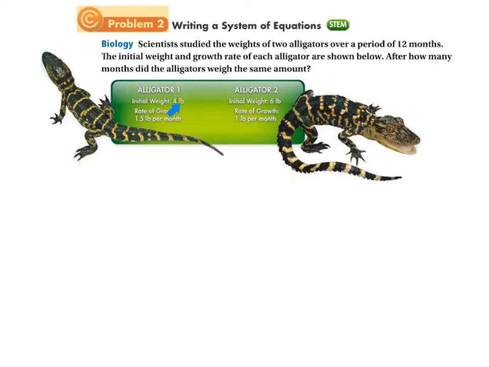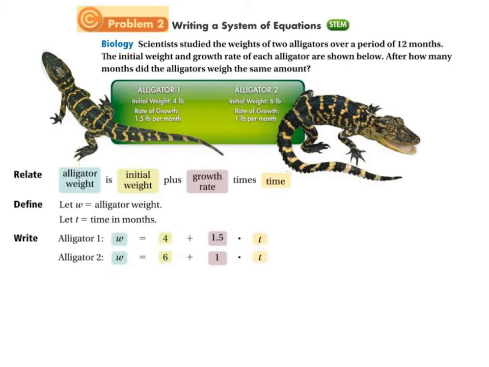And we assume that the initial starting point is time 0. Okay, so what do we do? We say the relationship is the alligator's weight is their initial weight plus the growth rate times time, for both.